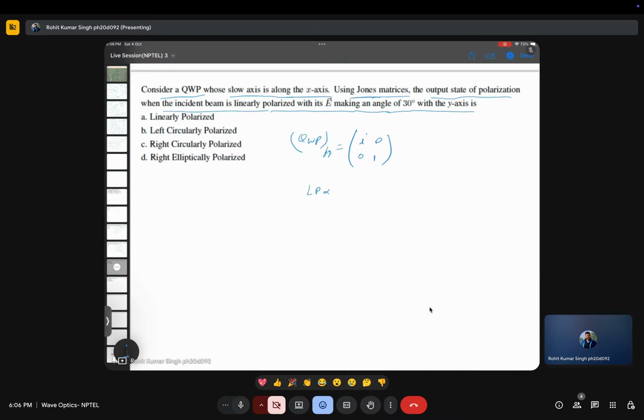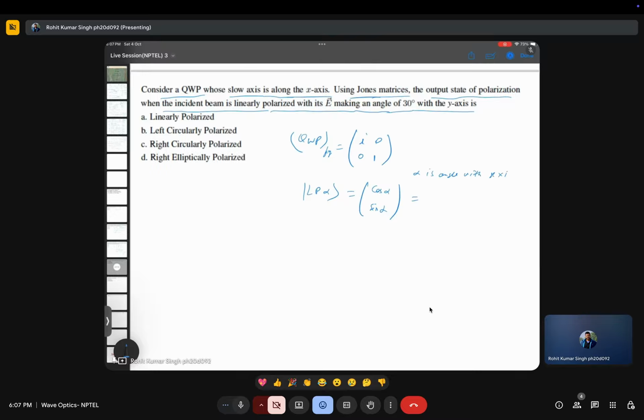So we know the matrix of the linearly polarized beam at an angle alpha, right? Cos alpha, sin alpha, you remember? And this alpha is basically the angle with x-axis, not with y-axis. So remember that.